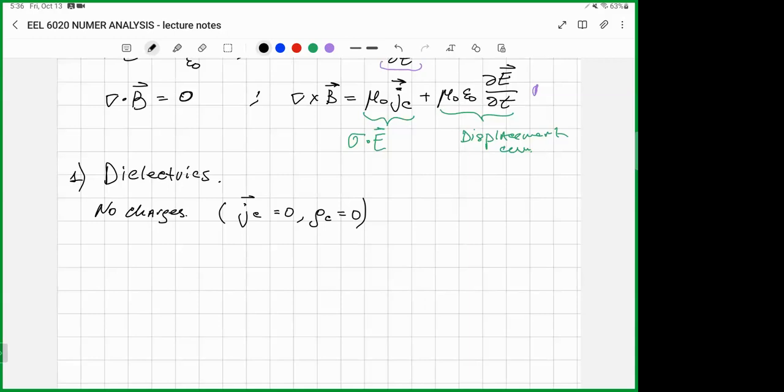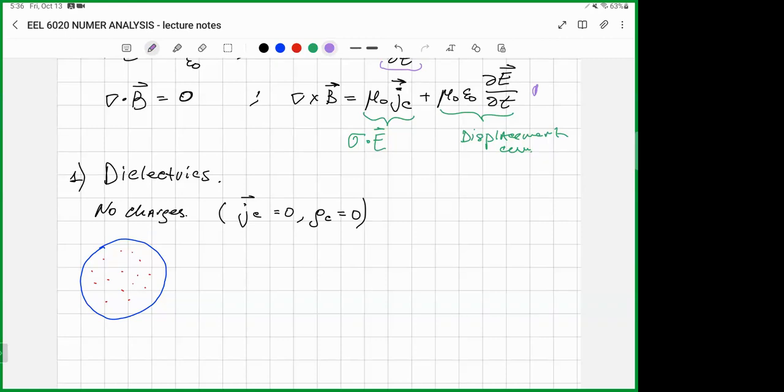At the same time, all charges are bound. For example, if I take a microscope and zoom into such a perfect dielectric, I will see something like this. I will see some nuclei, and these nuclei are typically very heavy.